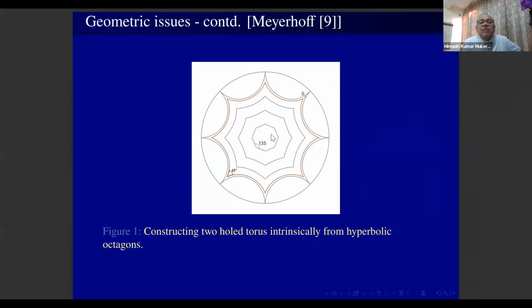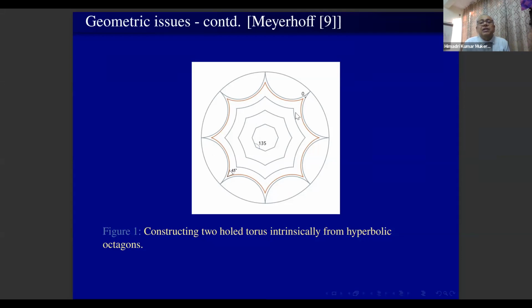And if you take r very small, then it will be just like a Euclidean octagon, and its angle is 135 degrees. So this will add up to much more than 2 pi. But by continuity, if you tend r from 0 to 1, in between there is something like this, whose interior angles will be 45 degrees, that is pi by 4.